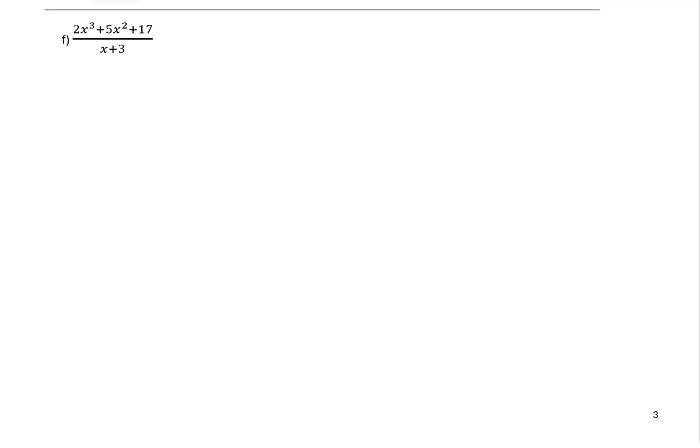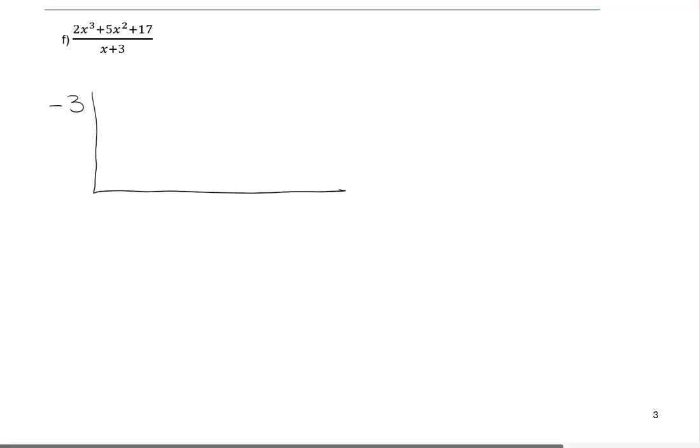In our last example, since we're dividing by x plus 3, the root would be -3. And we're dividing it into that numerator there with coefficients of 2, coefficient of 5. But notice we are missing the x term.